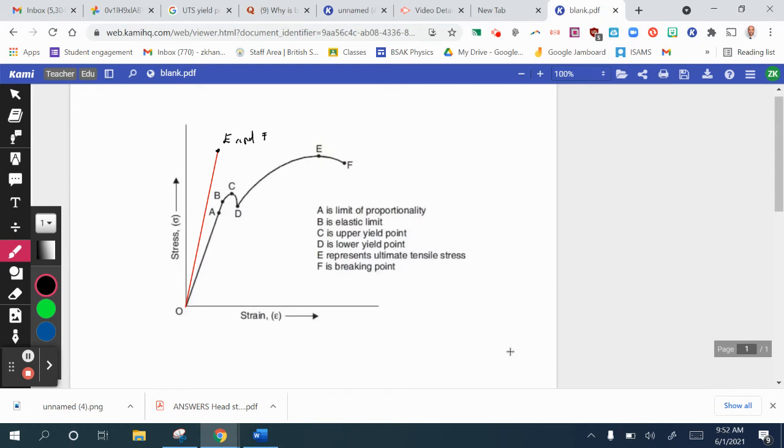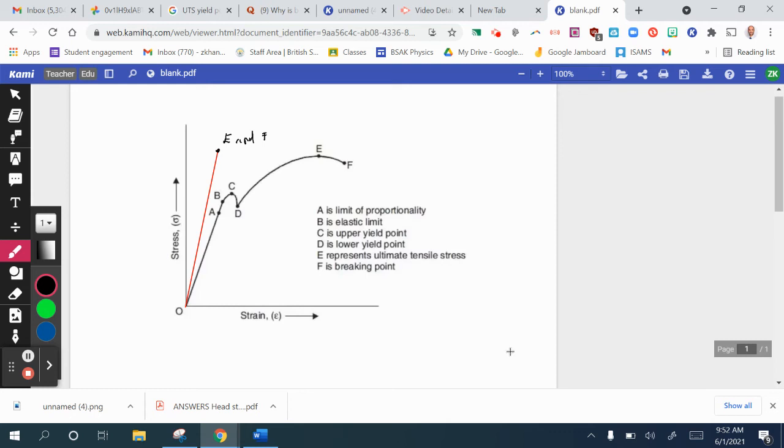Okay, so D, beyond D, the material yields. So less stress is required compared to before, compared to here, to have a large strain. Look how much stress was required to have this much strain. Now, you don't need as much stress increase to get the same amount of strain.